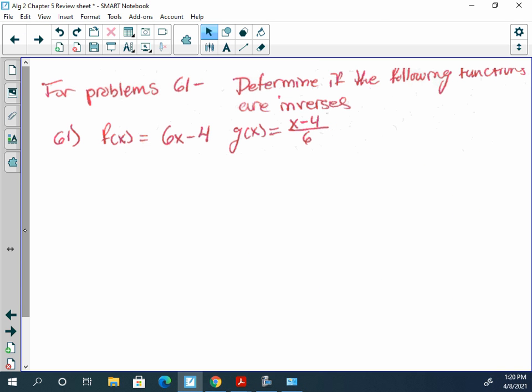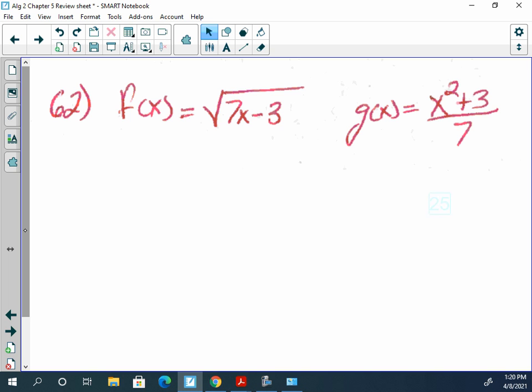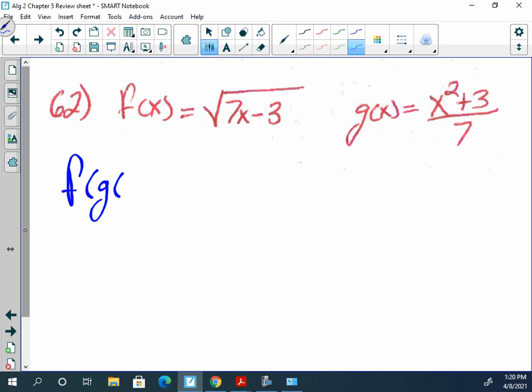So the last thing we're going to look at is this one here. Determine if the following two functions are inverses. What we're going to do to find this out is see if f of g of x and g of f of x are both x.